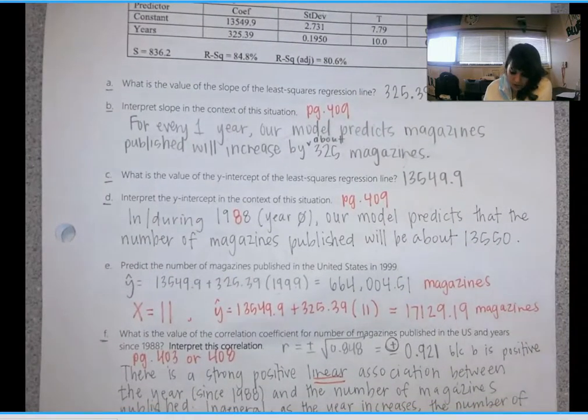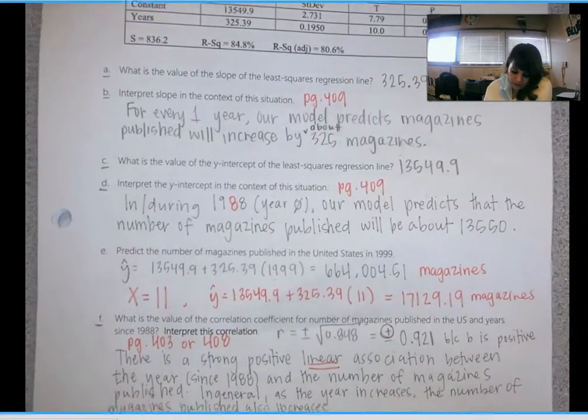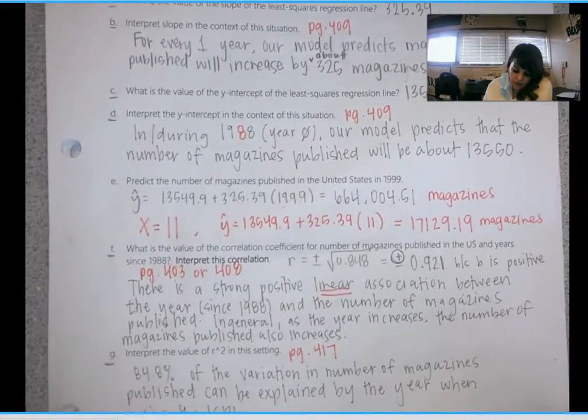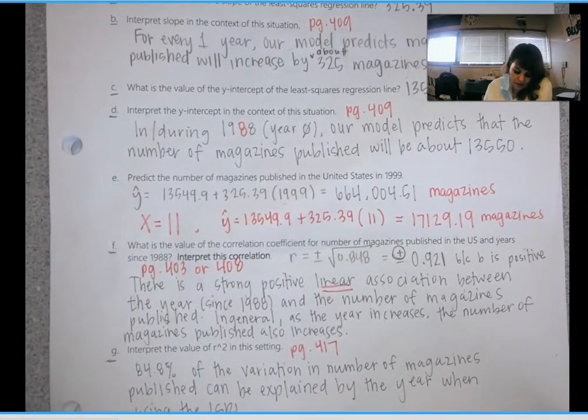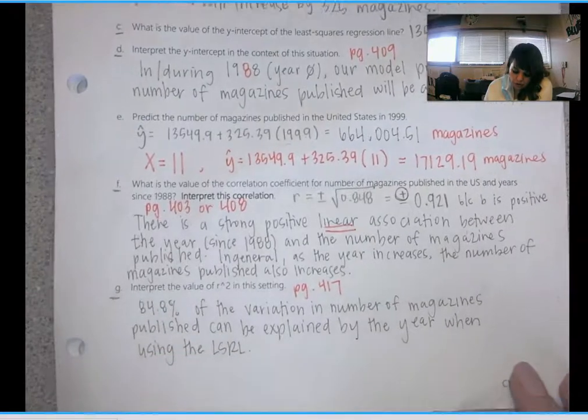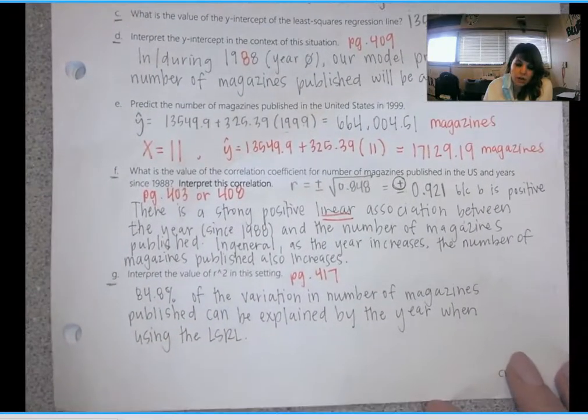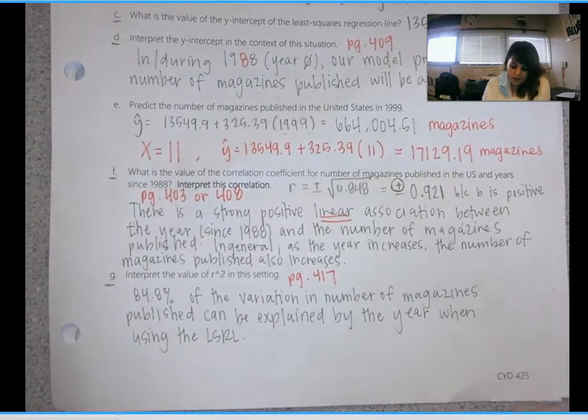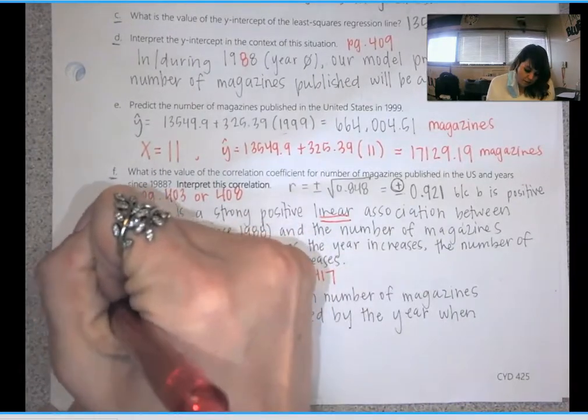Okay, find R and interpret. There is a strong positive linear association between the year since 1988 and the number of magazines published. In general, as the year increases, the number of magazines published also increases. Interpret R squared. I need to put the word about here.